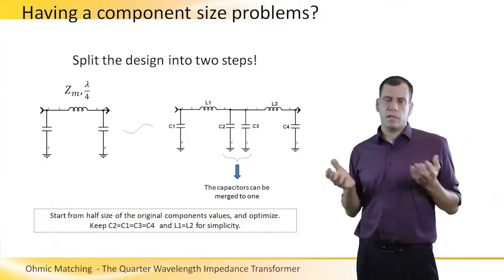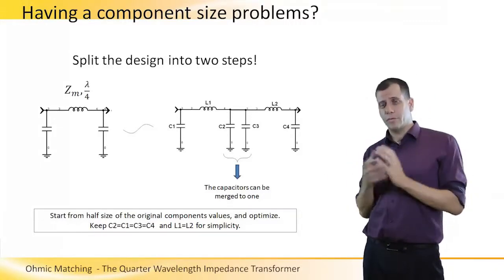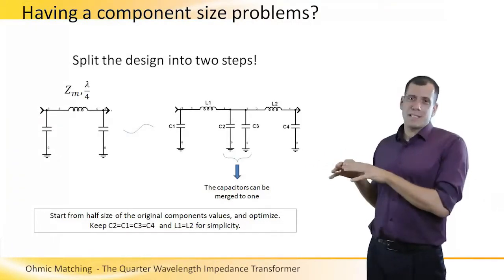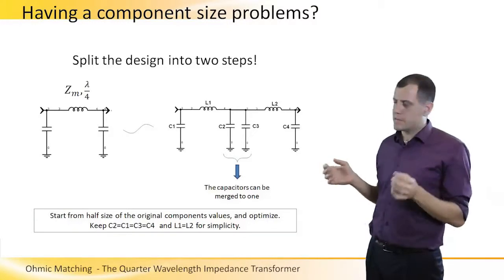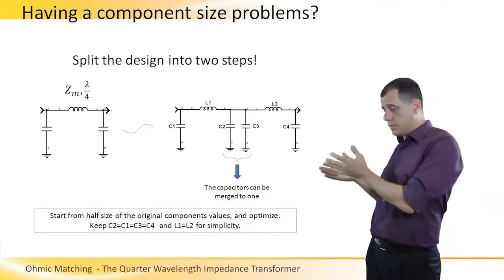What can be done in this case? There is one trick that I want to introduce. We take this pi network, which has inconvenient values, and we split it into 2 pi networks in series.